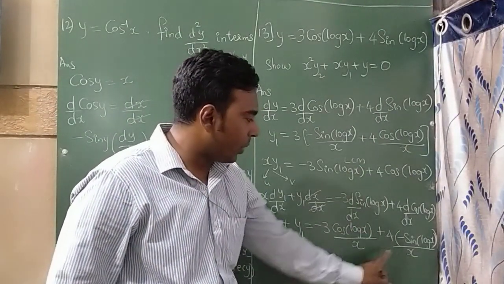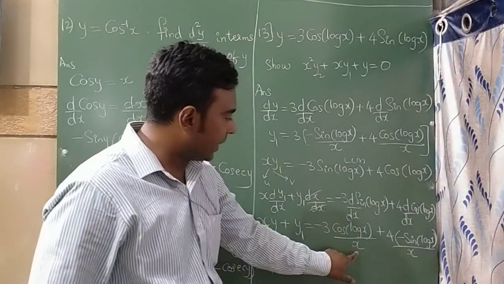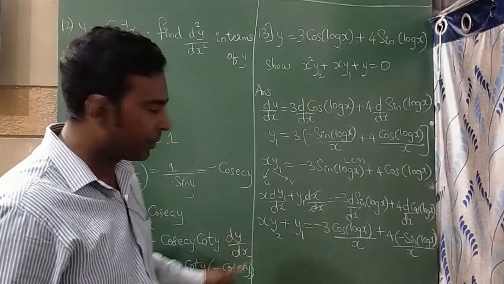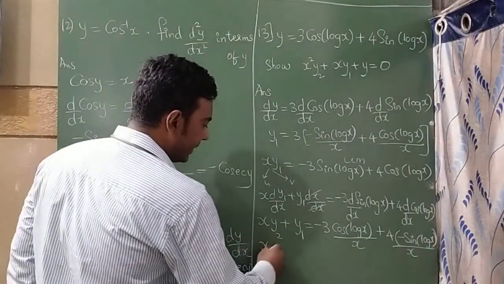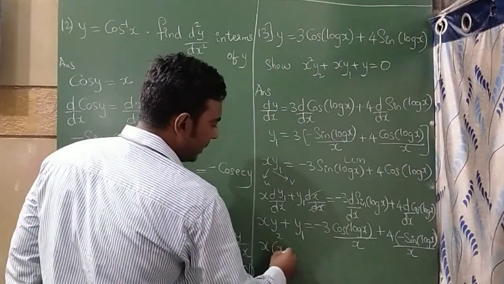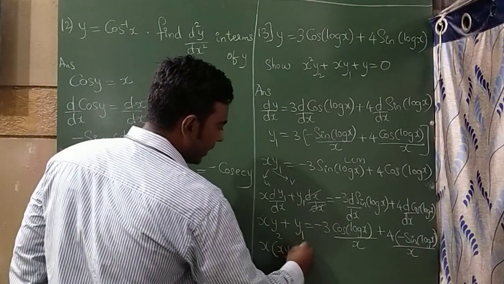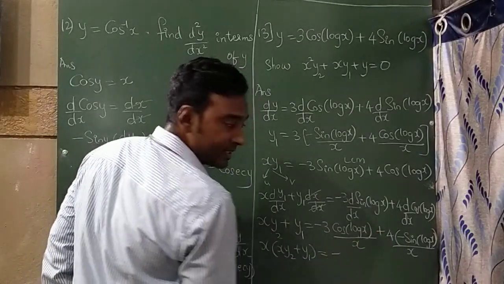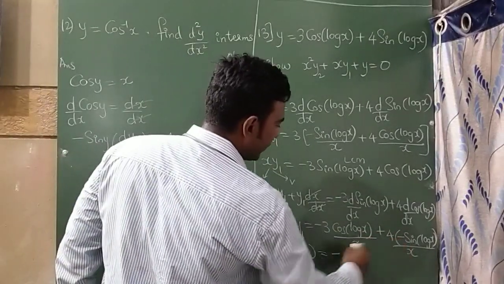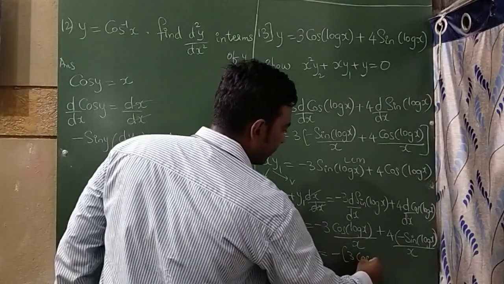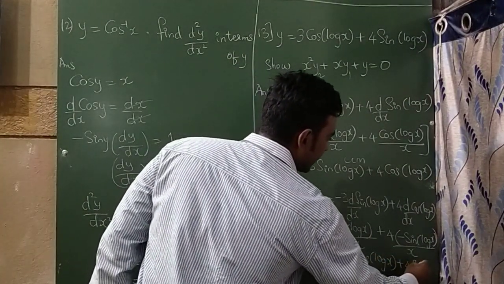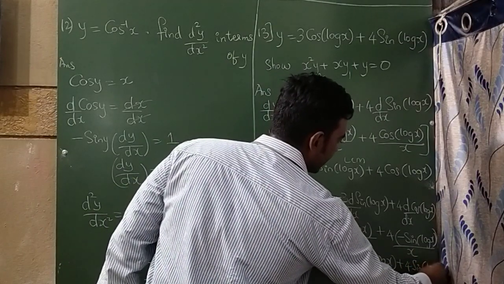Since these denominators are same, I am going to multiply this x here. So I will write here x, cross multiplying. So this whole term again I am going to write here. Now I am going to take common. Common is minus. Here also it is minus. Here also it is minus. So 3 cos log x plus 4 sin log x.